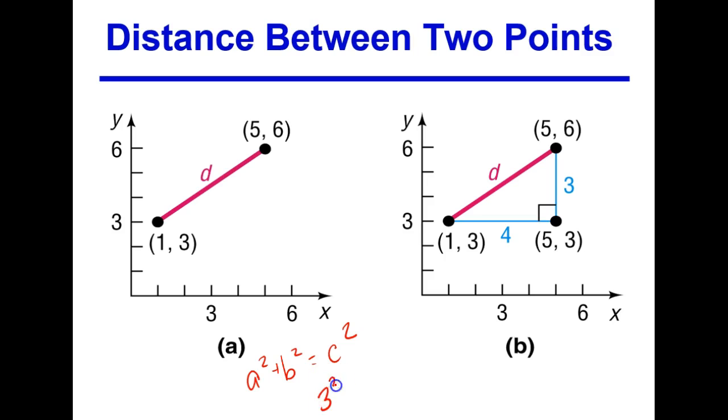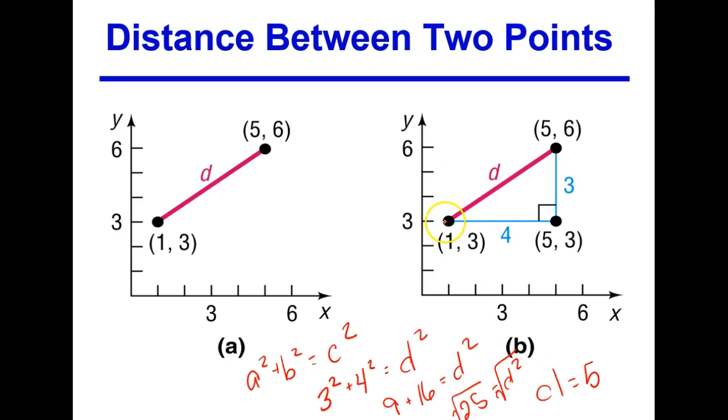So 3 squared is 9, 4 squared is 16, equals D squared. 9 plus 16 is 25. Then I take the square root of both sides to get D by itself. So D equals 5. I now know the distance between these 2 points is 5.